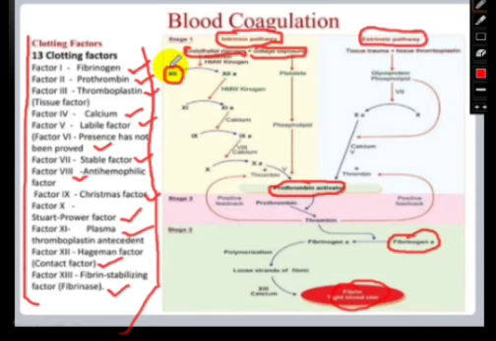let's say inactive factor 12. The inactive factor 12 becomes converted to active factor 12.